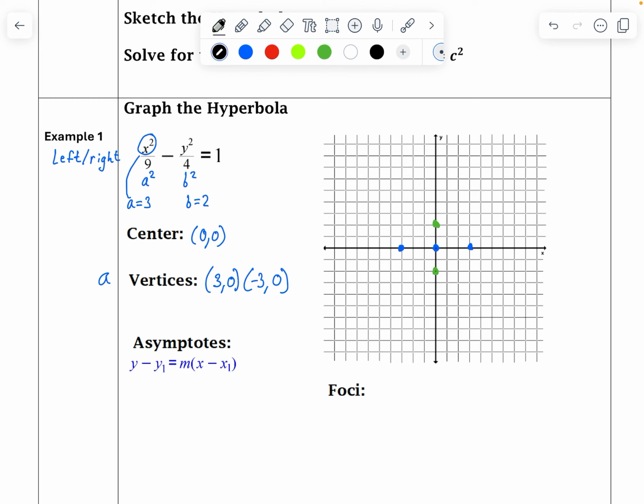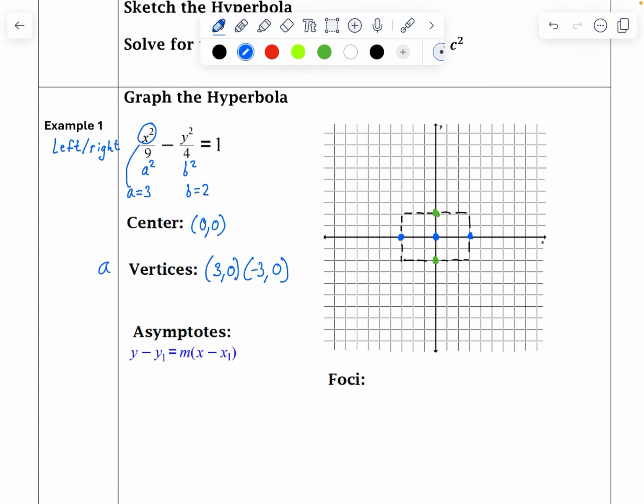So using the dimensions of these points that I've graphed, I'm going to create a rectangular box here with dashed lines, because this is like an invisible box. We wouldn't actually see this if we graphed it on Desmos or something. And then it's going to create asymptotes. If you remember, asymptotes are those invisible boundary lines that we will get very close to but will never actually cross.